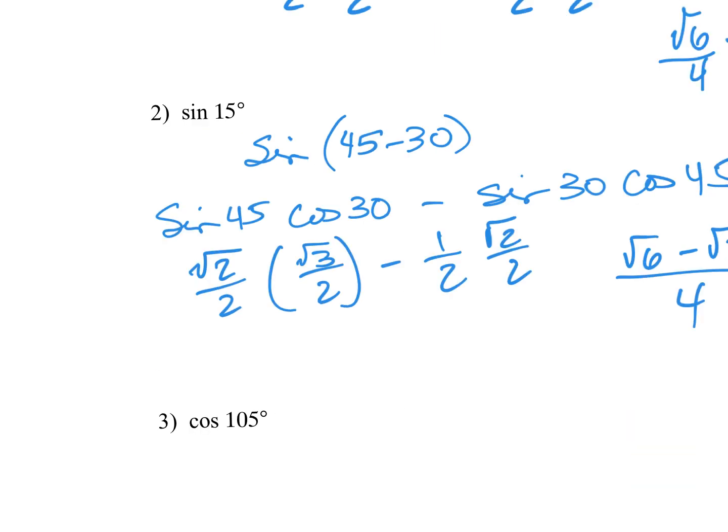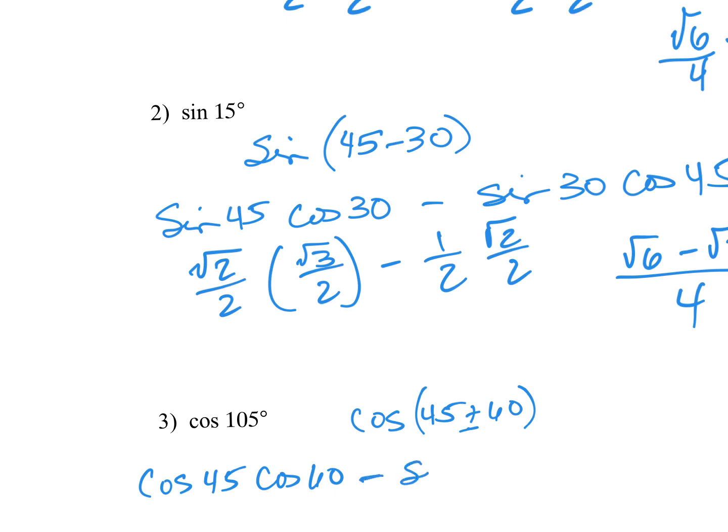So way to get 105 would be the same as cosine of 45 plus 60. Remember, your answers don't have to be the same as mine, but they need to add up to 105. And that would be cosine of 45, cosine of 60. And since there's a plus here, it would be minus sine of 45, sine of 60.